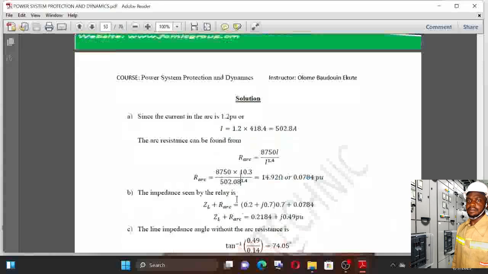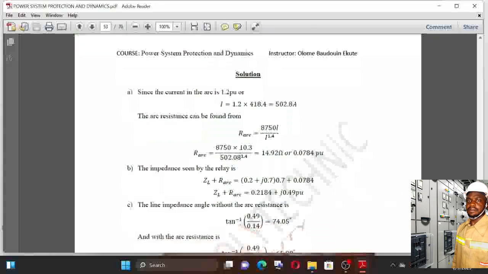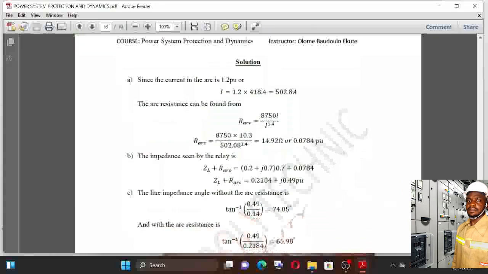Now the impedance seen by the relay. Normally, the impedance seen by the relay will be the impedance of the line plus the arc resistance.